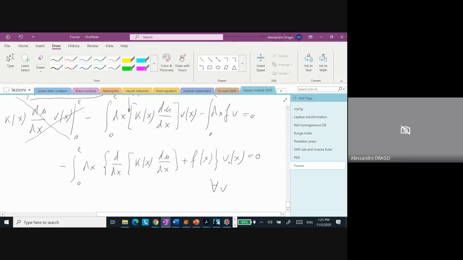Then I can choose a function v of x which is localized, different from 0 just there, essentially just sampling that range of values of x, and if what is in brackets is not 0, it provides something that is not 0. So, in conclusion, what is in brackets must be 0 for whatever x, and therefore we have demonstrated that the weak form of a boundary value problem implies the strong form.